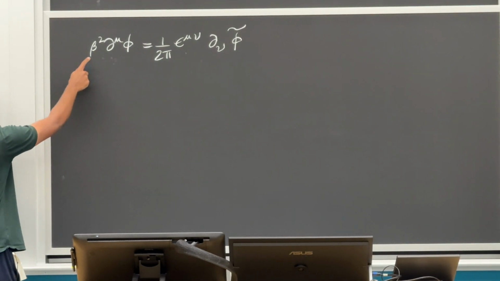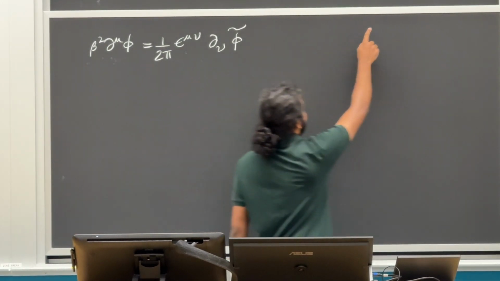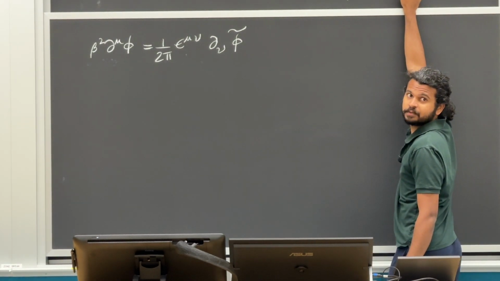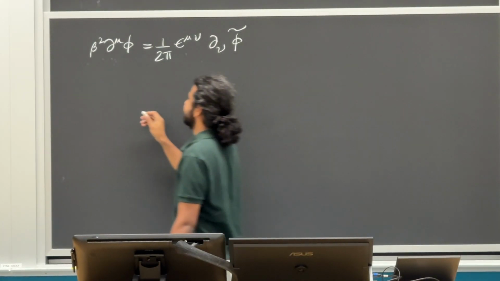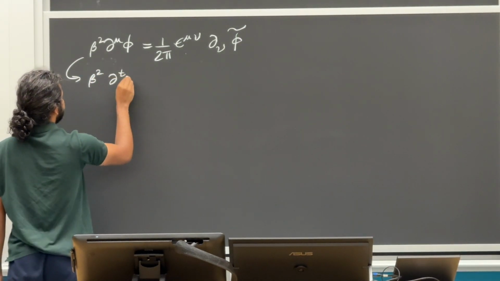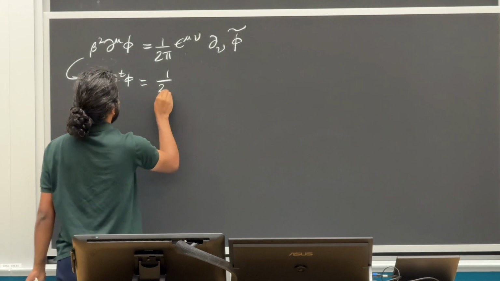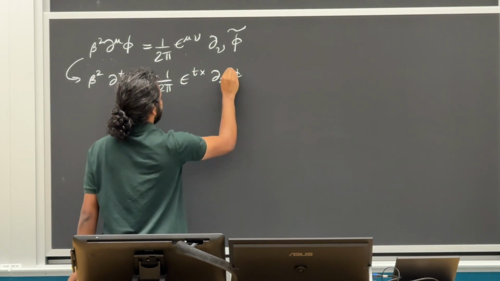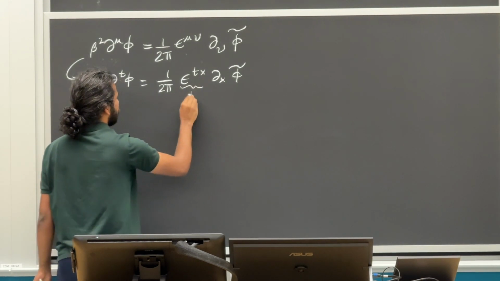Why am I bringing this up? Just so that I can eliminate phi twiddle for phi. So from this I can read off beta squared dt phi is 1/2 pi epsilon dx phi twiddle, and this is nothing but 1.